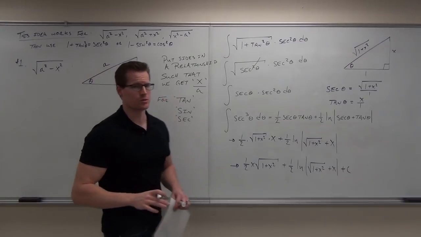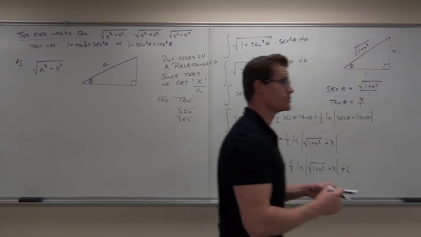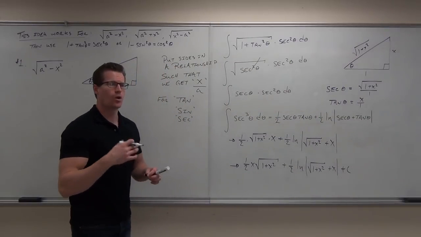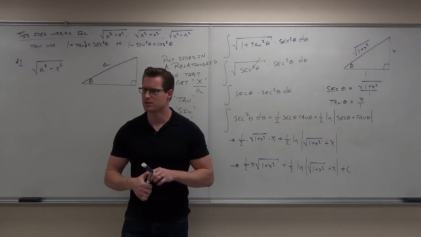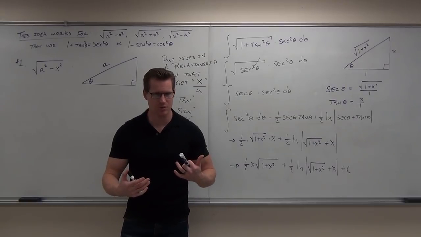These are the three that we use. We don't use cosine. We don't use cosecant. We don't use cotangent. We use tangent, sine, or secant. And the reason why we do that is because the identities are really nice for those. It makes it easy. You guys with me on that one?